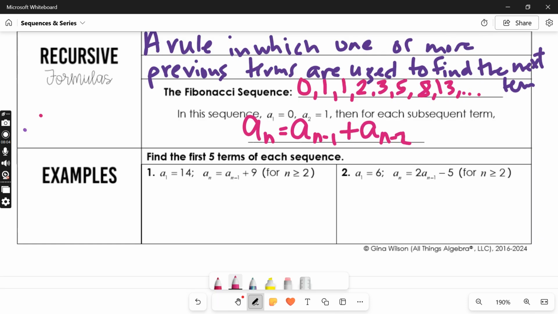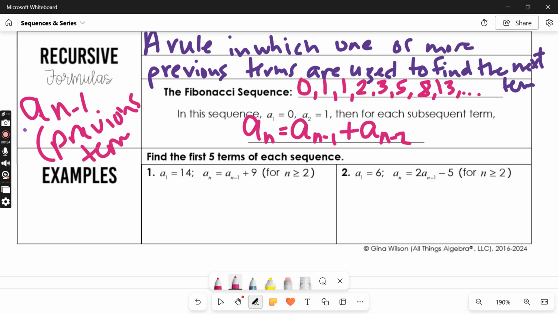Alright, so it says a sub 1 is 14, a sub n is the previous term, so you might write that down somewhere. A sub n minus 1 means previous term. Okay, a sub n minus 1 plus 9. Alright, so it says find the first 5 terms.